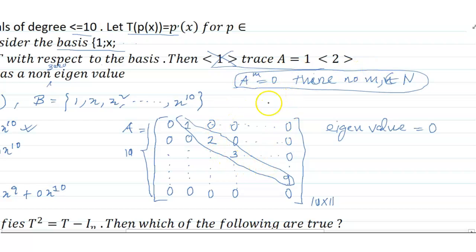This is the nilpotent matrix, so we can get values easily where A to the power m equals to 0.